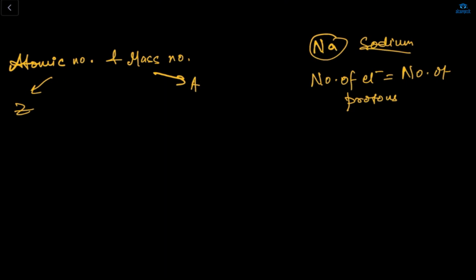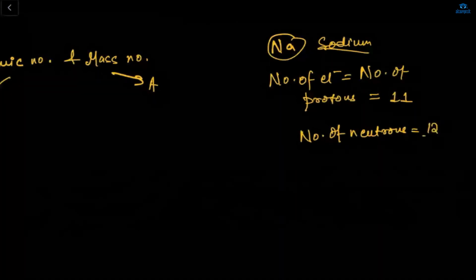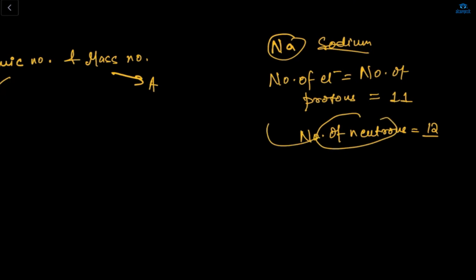What is the number of protons in sodium? It's 11, right? And the number of neutrons may or may not be the same. It can be 12 or anything, but neutrons are not equal to electrons and protons. These two are only equal to each other.